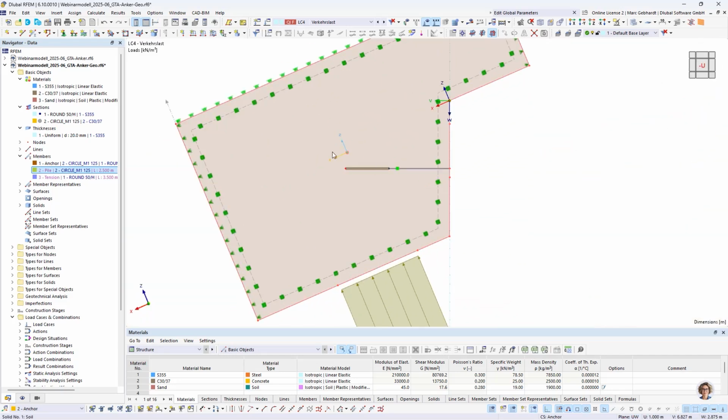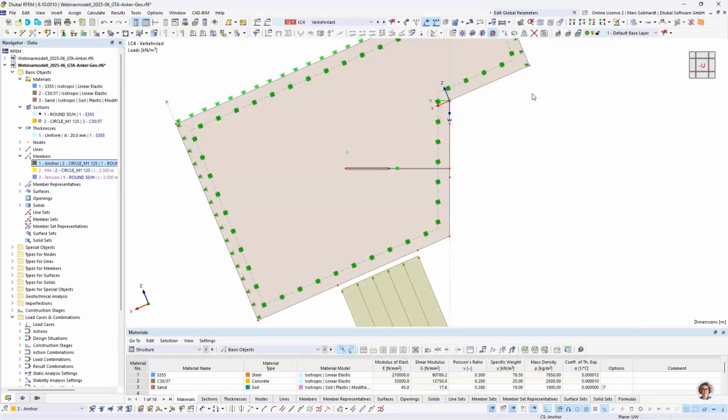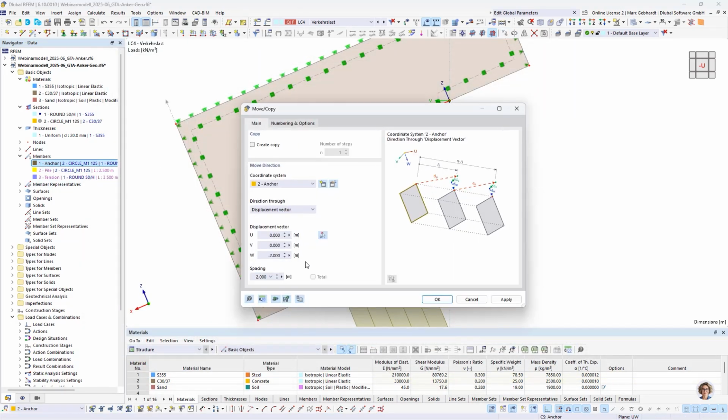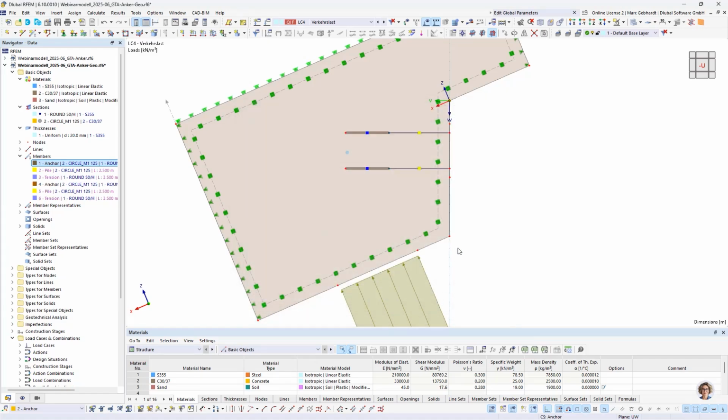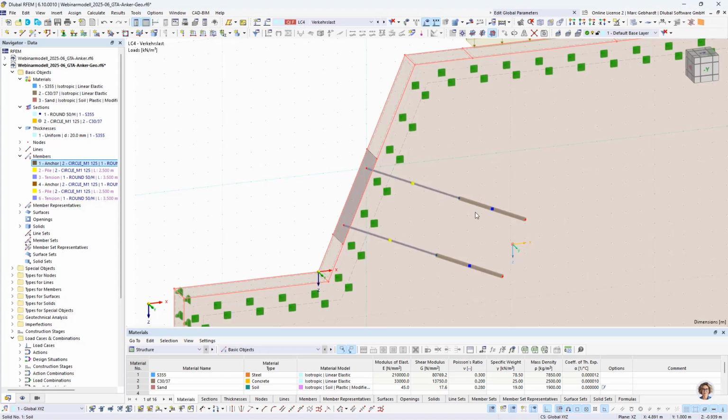Oh, that's interesting. Now we can also copy them by selecting the anchor in the navigator. Also 2 meters. Copy. Now our anchor's finished. And go back. Let's see here are 2 anchor types.